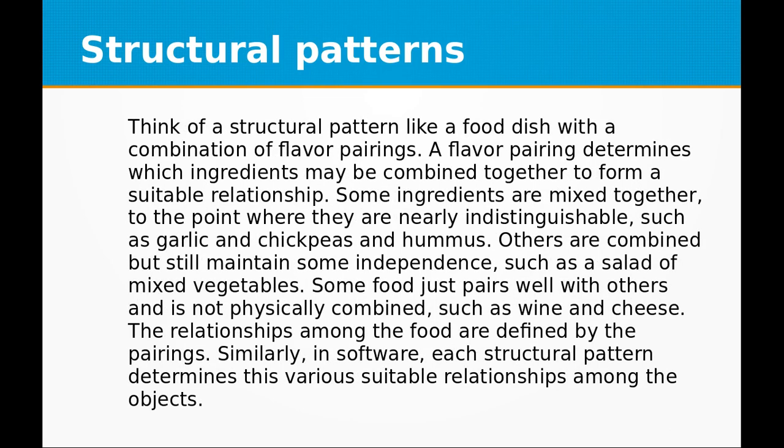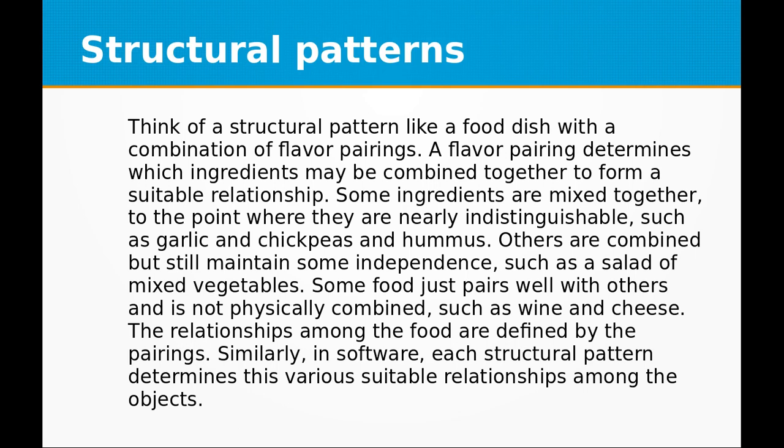Think of a structural pattern like a food dish with a combination of flavor pairings. A flavor pairing determines which ingredients may be combined together to form a suitable relationship. Some ingredients are mixed together to the point where they are nearly indistinguishable, such as garlic and chickpeas in hummus.